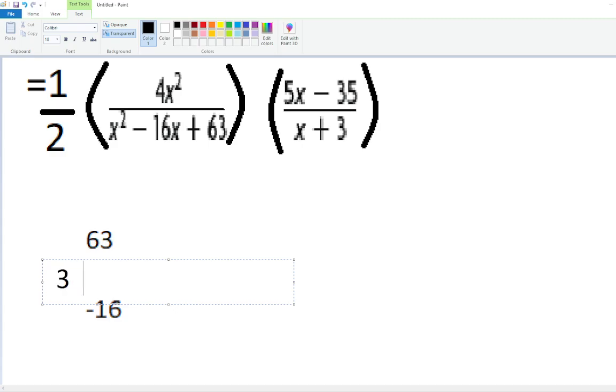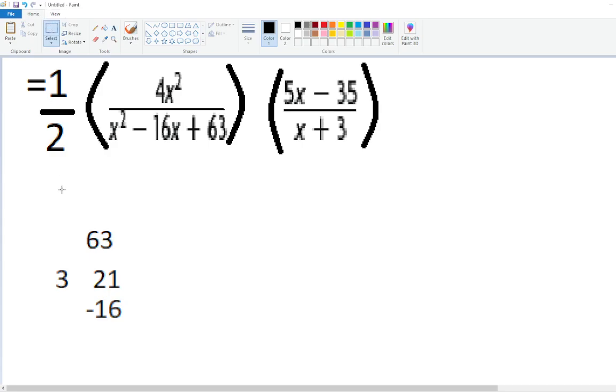Oh, 3 and 21, rather. 3 and 21. So if I subtract that, that's not negative 16. So this is an interesting situation. Let me just see the different factors of 63. Oh, yes, there's a few more. Sorry, there's 9 and 7. There we go. That's where I'm screwing that up.